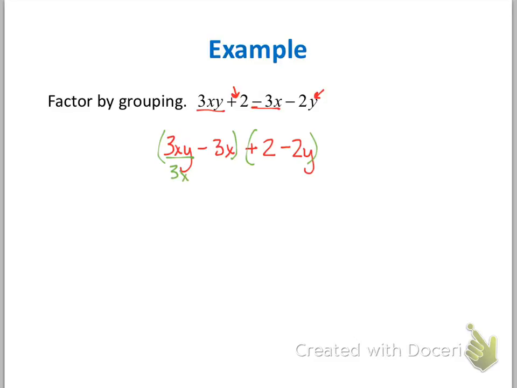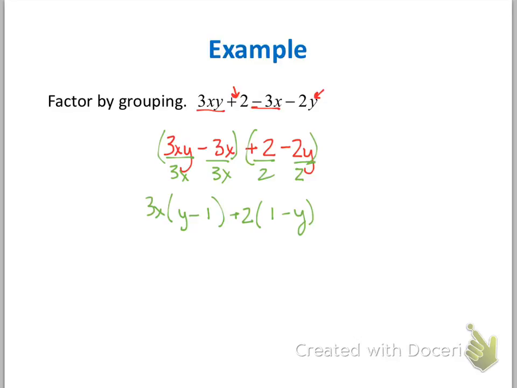Divide by a 3x, divide by a 3x. 3x goes on the outside. I'm left with y minus 1. Here I'm going to divide by 2, divide by 2. I'm left with 1 minus y. Didn't quite work.